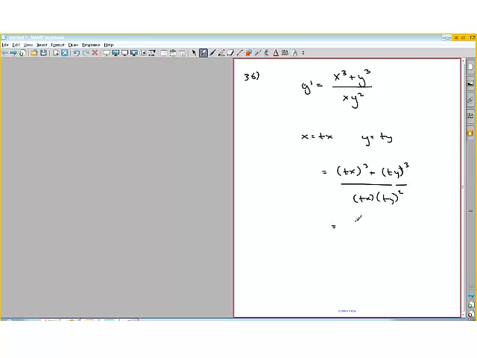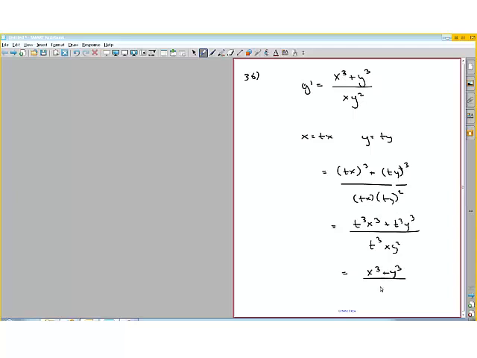If we multiply this out, you'll get t^3 x^3 plus t^3 y^3 divided by t^3 x y^2. And in this case, the t^3 cancel out, and you get x^3 plus y^3 over x y^2.